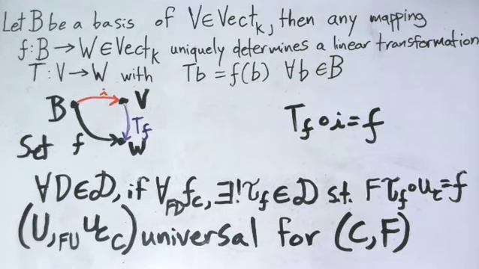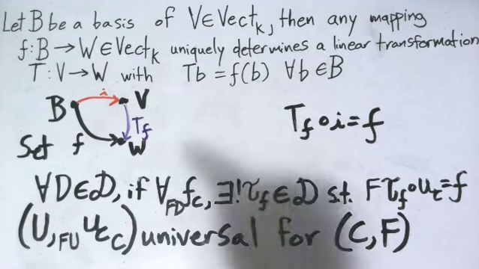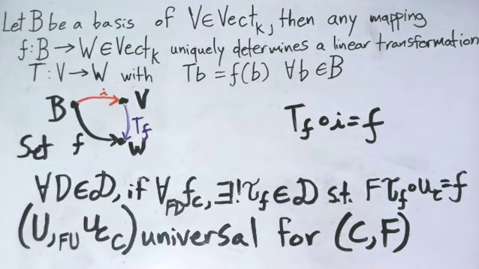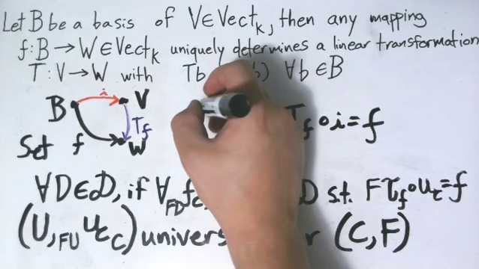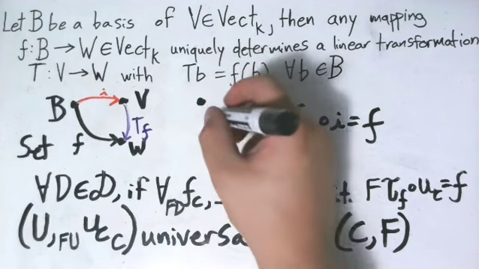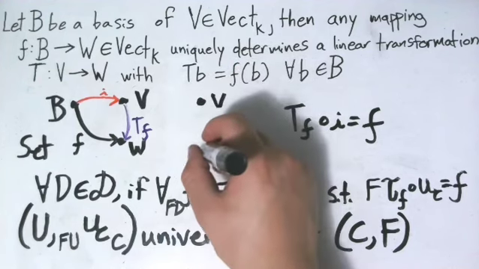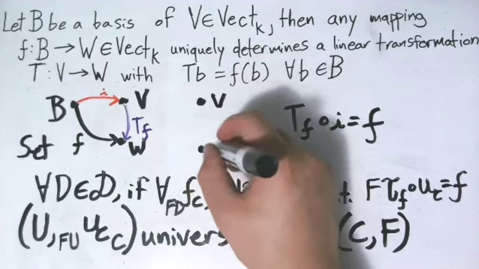So how can we somehow capture the uniqueness property within this diagram? So we said that for any f, there's a unique linear transformation T of f. Well, what we could say is that we know that T of f has to exist over here in Vect K because it's a linear transformation from V to W. So we know that T of f lives over here.